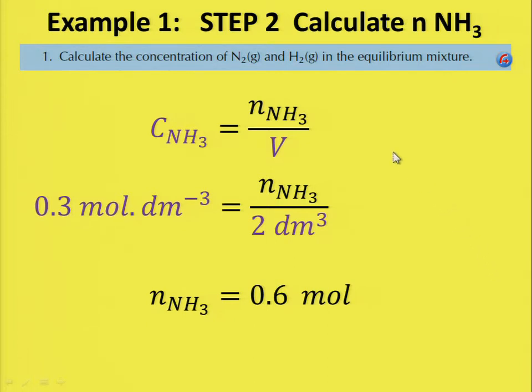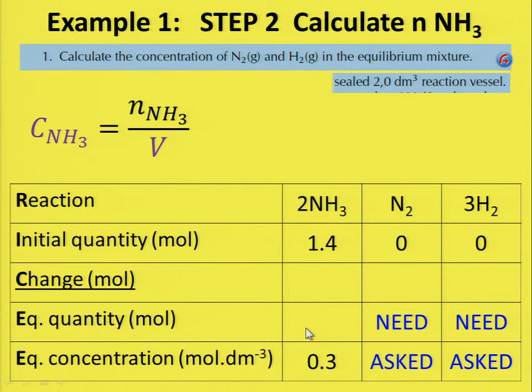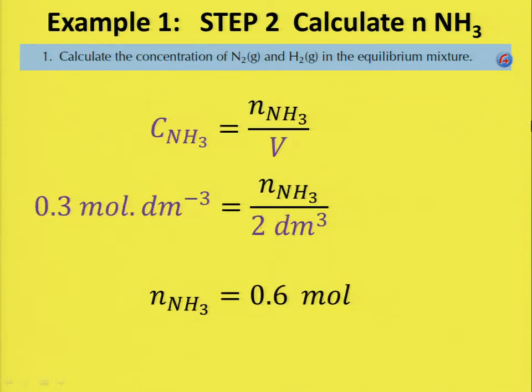We can calculate the moles of ammonia because we have the concentration of ammonia. So if we have the concentration, we have the volume, now we can calculate the moles of ammonia. So this is how we're going to do it. Concentration is equal to moles divided by volume. So the concentration is 0.3 moles per cubic decimeter. And the volume is 2 cubic decimeter.